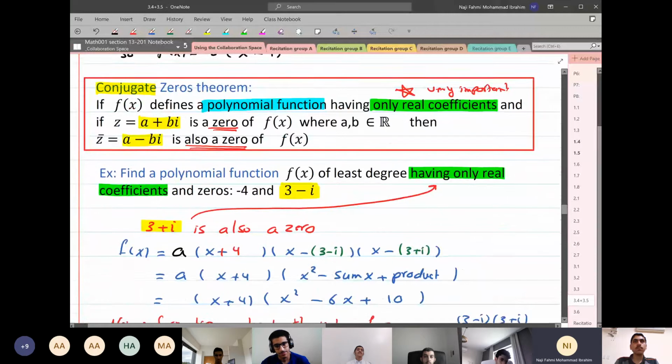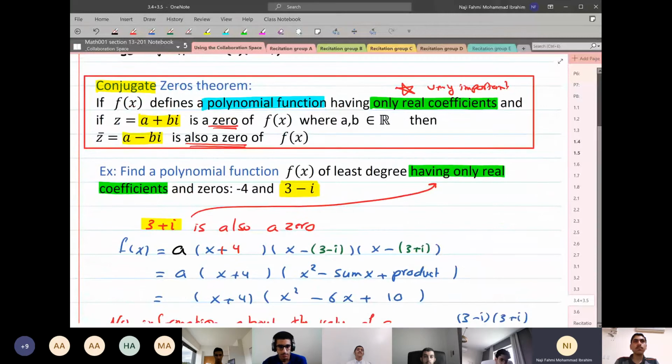This is our theorem. We call it the conjugate zero theorem. What does it say? If f of x defines a polynomial function having only real coefficients, and if z equals a plus bi is a zero of f, then a minus bi is also a zero. What does that mean? If one of the zeros is complex, automatically the conjugate of that complex number is also a zero.